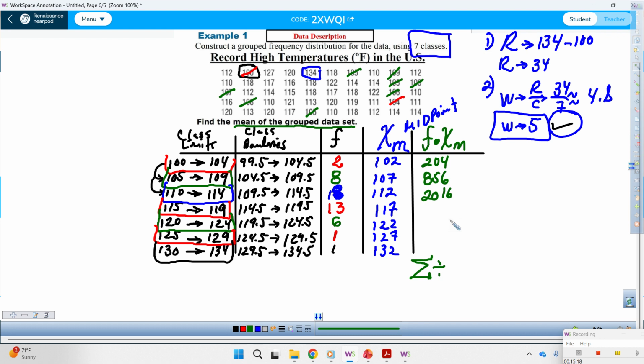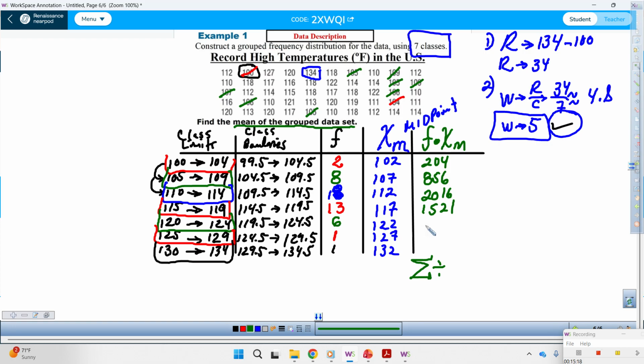13 times 117. What'd you get for 13 times 117, Isaiah? 1,521. 6 times 122.